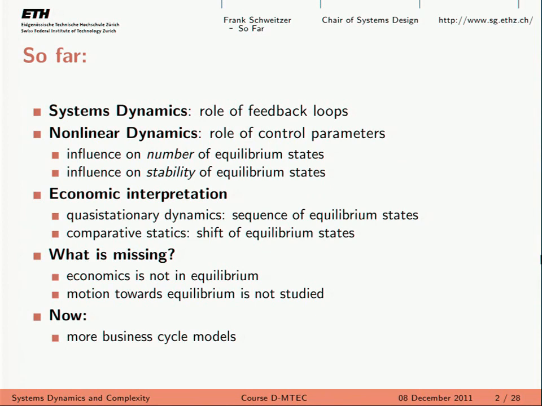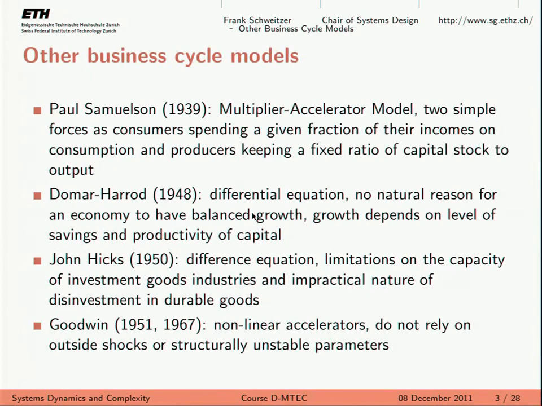So today's lecture continues kind of what we started last time, and that is the business cycles, modeling business cycles. At each time step, investors invest a fraction of the increase of consumption, right?